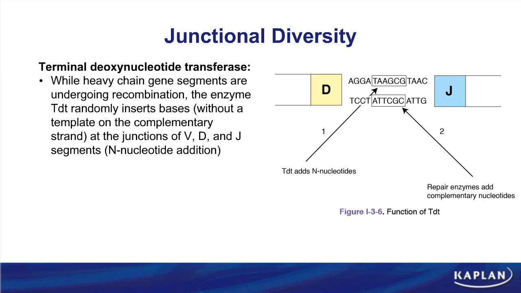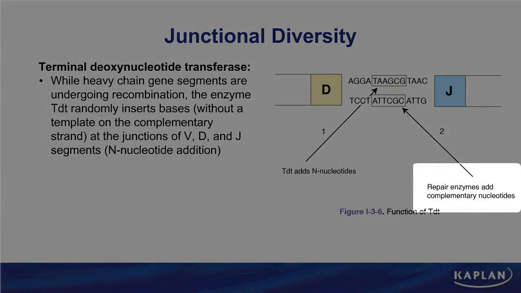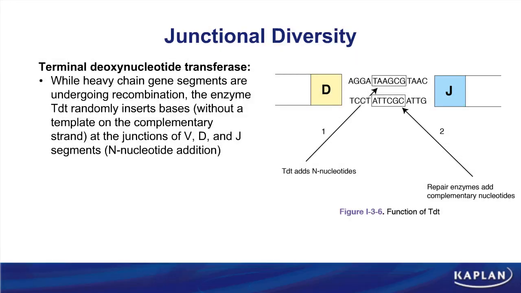When TdT does that, repair enzymes will fill in the complementary nucleotides, and what we have done is alter the gene sequence, which eventually will alter the amino acids found within that variable region, which completely changes up the binding specificity, or at least has the potential to do so.